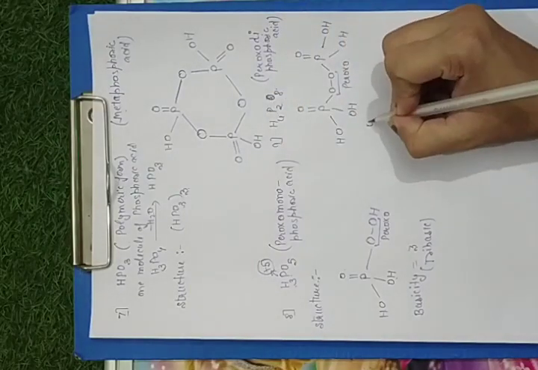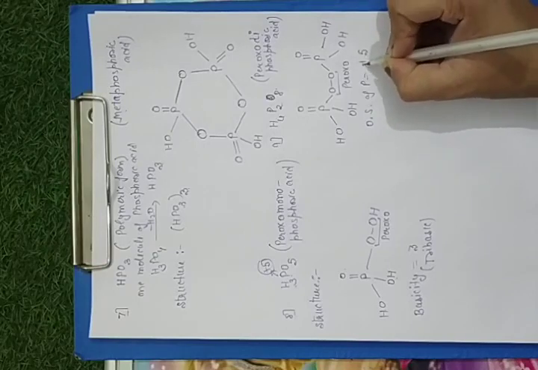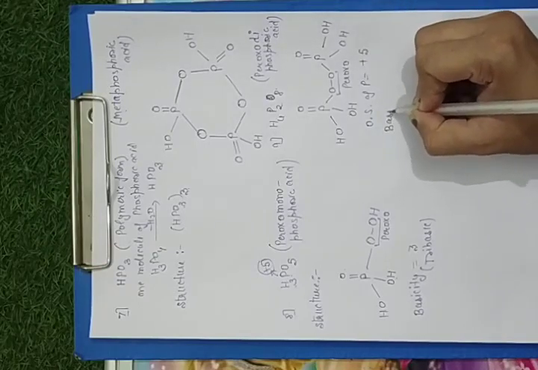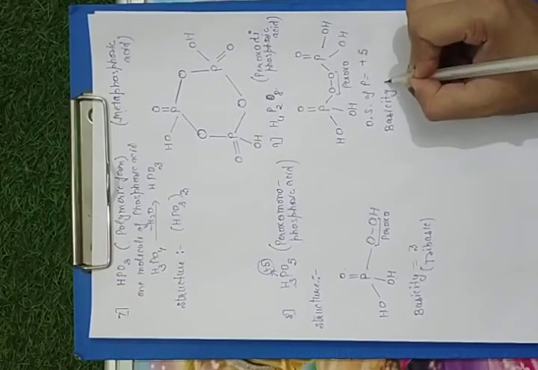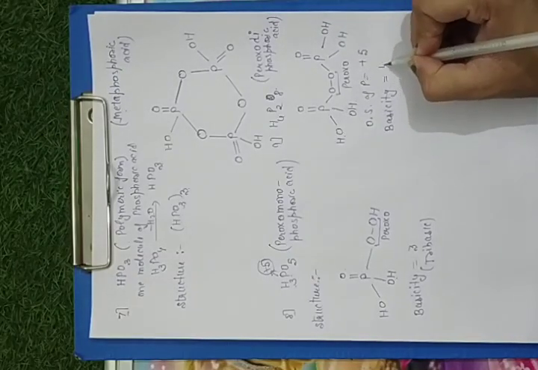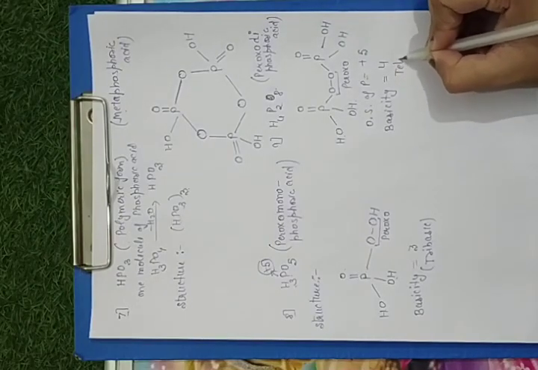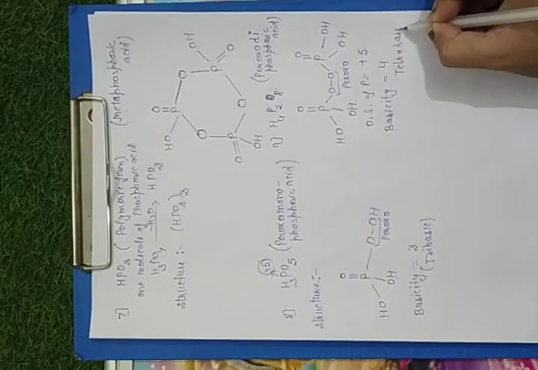Oxidation state of phosphorus here is +5. Basicity: 1, 2, 3, 4 hydrogens are attached with oxygen, hence it is tetrabasic.